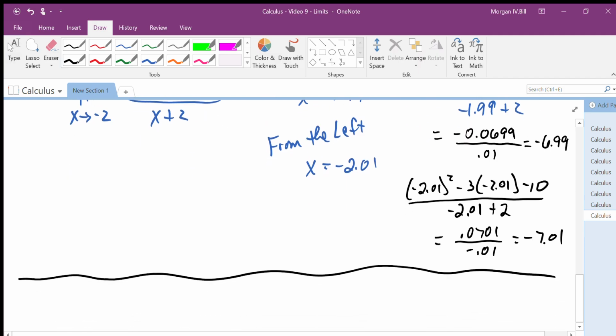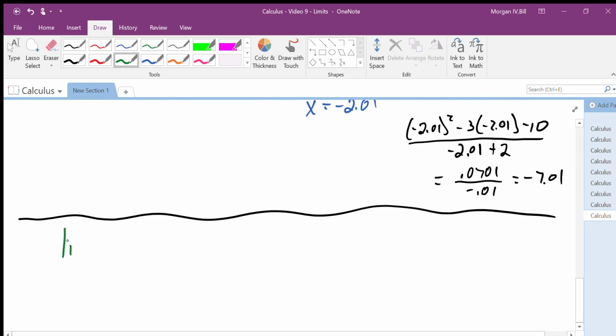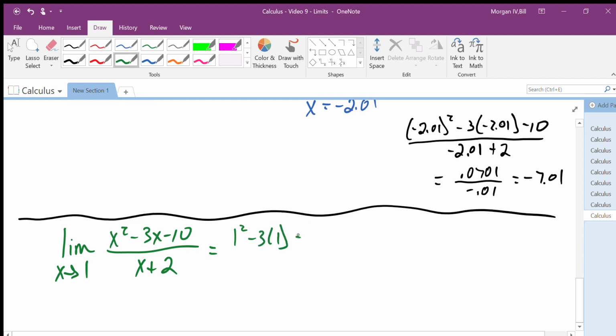So for example, if I have the limit as x approaches 1 of my function x squared minus 3x minus 10 over x plus 2, I'm going to first try direct substitution. I'm just going to plug the 1 in. What happens as x gets close to 1? Well, I get 1 squared minus 3 times 1 minus 10 over 1 plus 2.